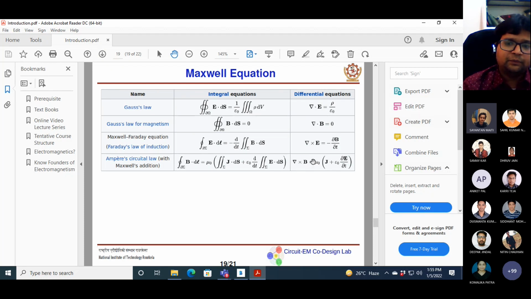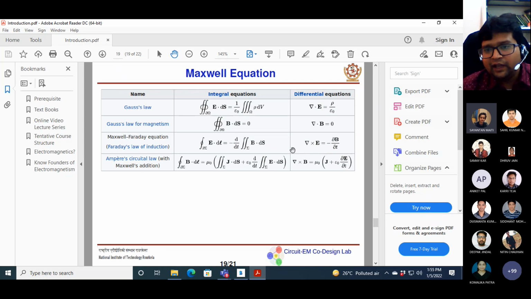That property was not satisfied by the equation with only J. So he included the term epsilon del E del t, sometimes called del D del t, and made the complete Maxwell equation.